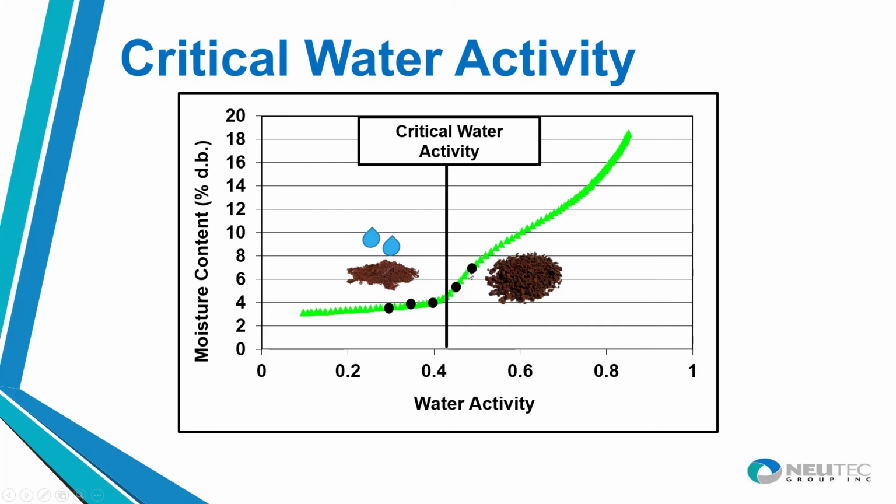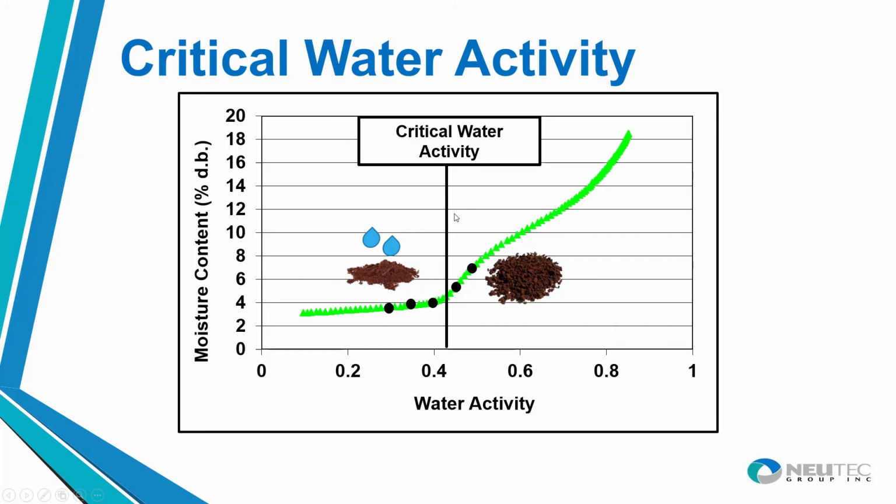This critical water activity is also related to temperature. In fact, glass transition is often identified by a Tg, which is a glass transition temperature. In this case, we're identifying a critical water activity for this transition. But in either case, temperature and water activity impact each other, meaning that if you increase the temperature at which you ran this isotherm, this inflection point would move to lower values.